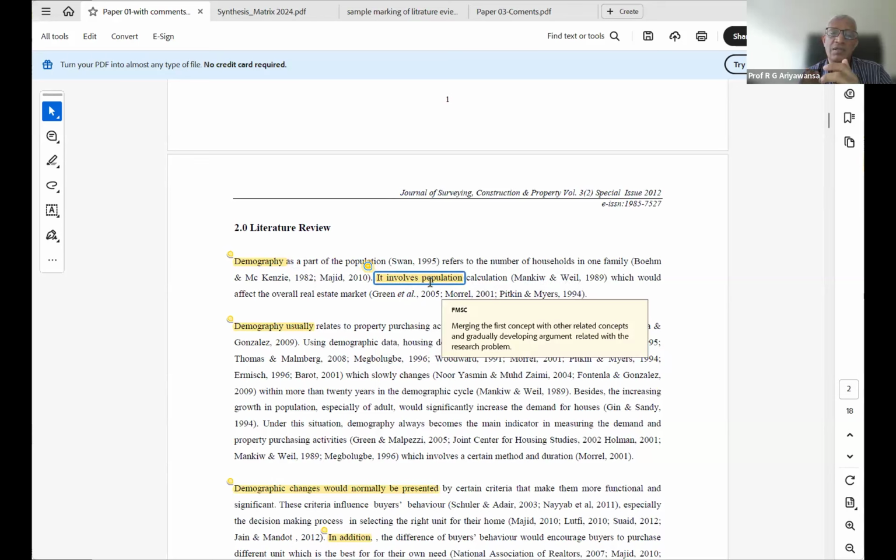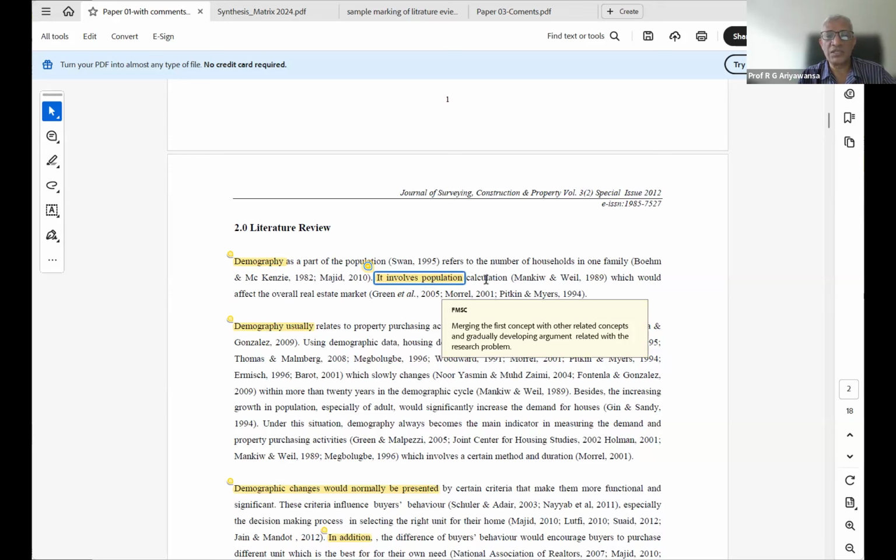Now, in a title of a research project, you may want to emphasize 2, 3, or 4 concepts. However, you have to merge, synthesize, analyze, and compare your ideas and views in a systematic way. That way you develop the argument or statements. So merging the first concept with other related concepts, that's what they are doing.